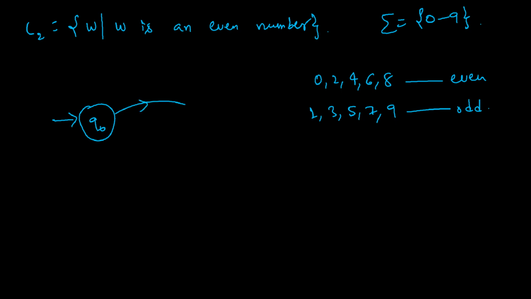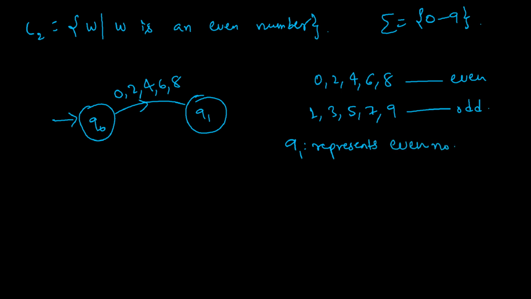Initially you are at Q0. If you see 0 or 2 or 4 or 6 or 8, you go to Q1, and Q1 represents an even number. Oh, we should try to draw a minimal DFA in the first go.